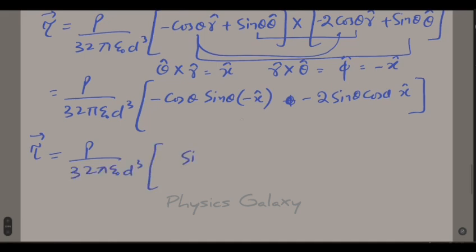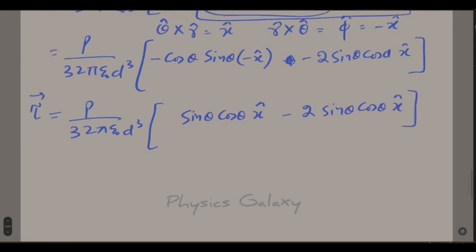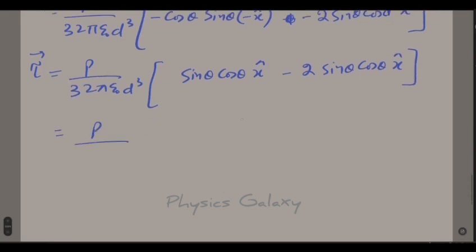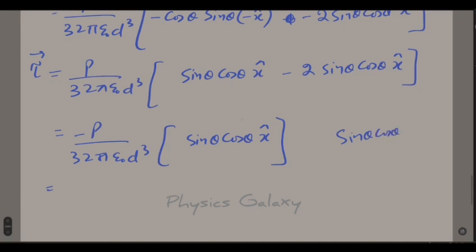So we have torque equals P divided by 32 pi epsilon naught d cube, times sin theta cos theta in the direction of x cap minus twice sin theta cos theta x cap. Or I can write minus sin theta cos theta x cap. Sin theta cos theta equals half of sin 2 theta.